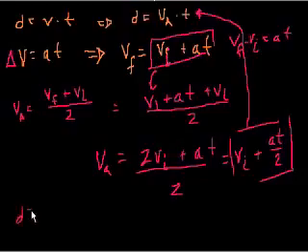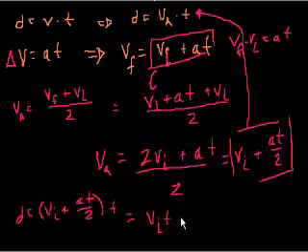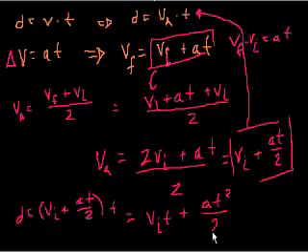Distance is equal to the average velocity, that's Vi plus At over 2, times time. If we distribute that t, we have the initial velocity times time plus acceleration times time squared over 2.